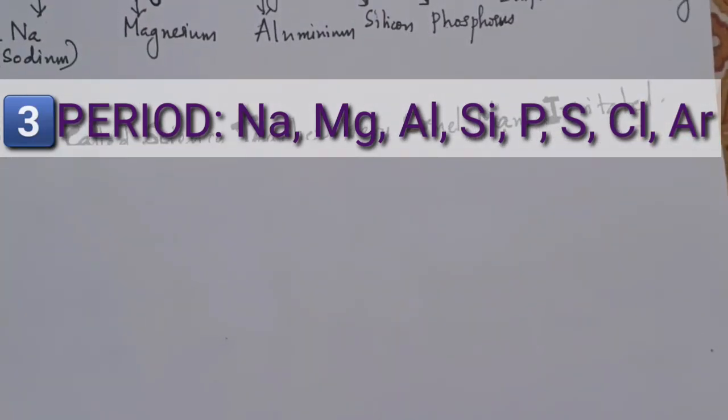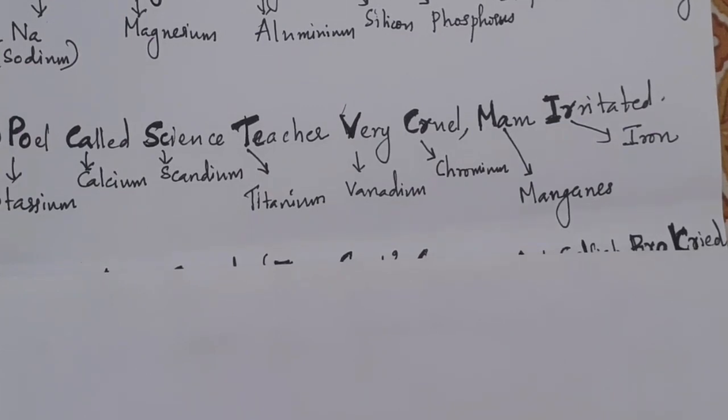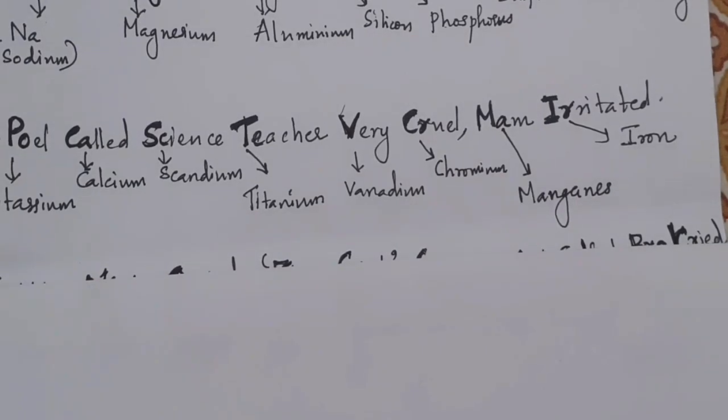Now moving to the fourth period. The fourth period has 18 elements in total. To study 18 elements in a single sentence is very difficult, so I have split it into two simple sentences. The first sentence you have to remember is: Paul called science teacher very cruel, ma'am irritated.